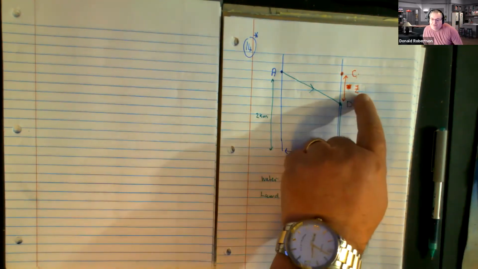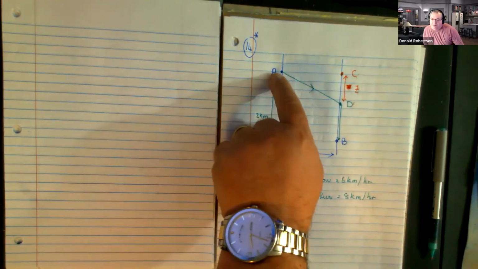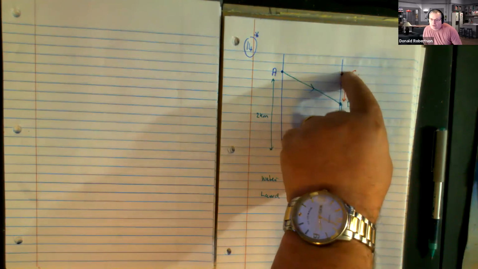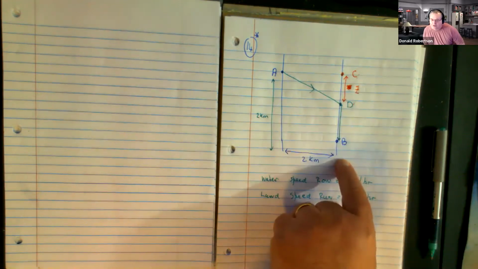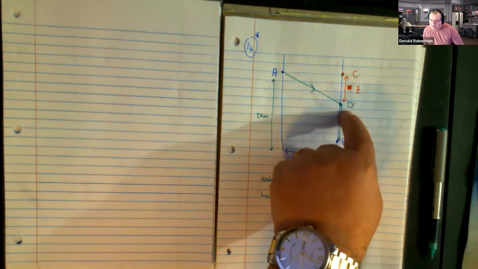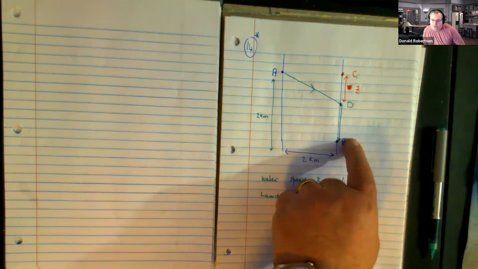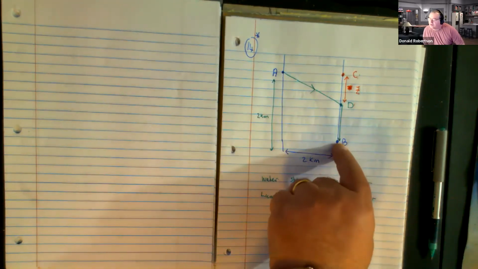So if Z ends equaling 0, right? If Z is 0, doesn't that mean go straight across and then run the rest? If Z was equal to 1, it would be, right, go halfway and then walk a kilometer. And if Z was equal to 2, wouldn't that be go straight to there?